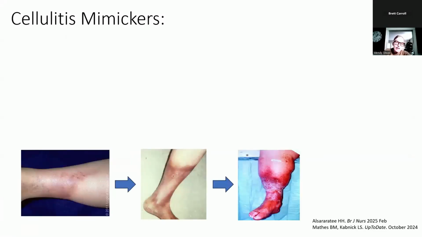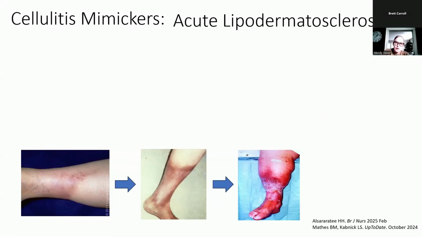This is another cellulitis mimicker that I think is important to mention to this group because I think you probably see this as well. And so the story here, it would be this image down here on the left. The story would be sudden onset of tenderness, maybe a little bit of warmth and induration along the medial lower leg. And this is acute lipodermatosclerosis, that image on the left there.